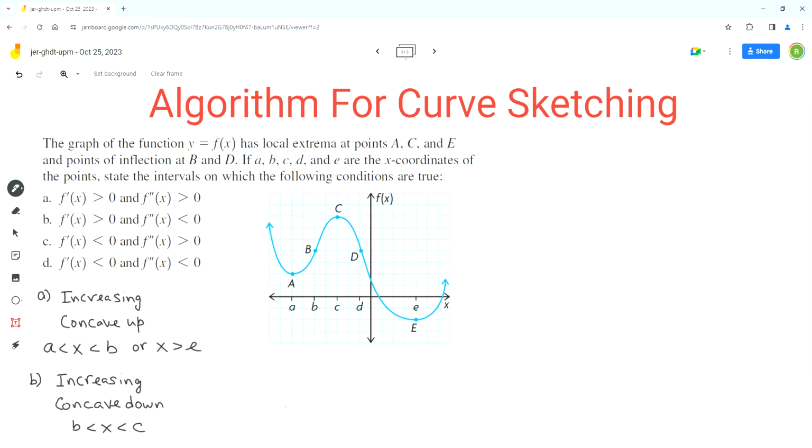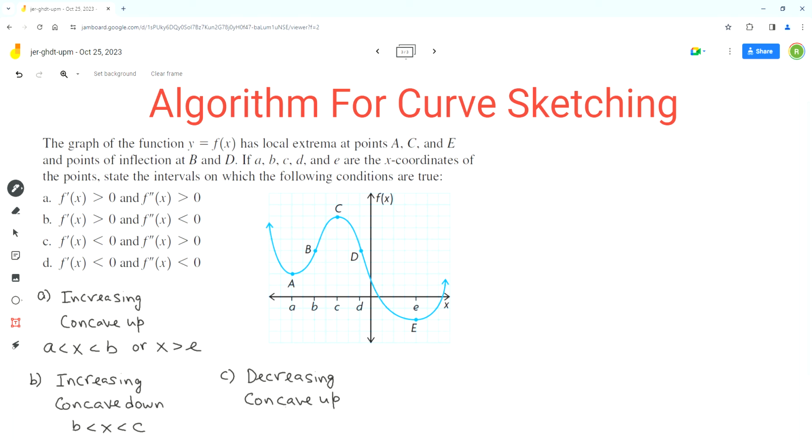Now we can analyze part C. In part C, the first derivative is less than 0. That means the function is decreasing. And the second derivative is greater than 0. That means the function is concave up. So we have to look for an interval in which the function is decreasing, going down from left to right, or the curve is sloping downward, and it should also be concave up.